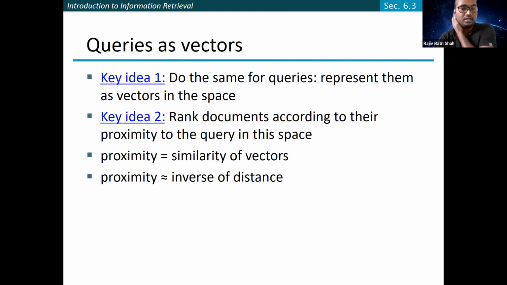So we have also discussed that there are some issues with distance. If you use distance as a metric, that may not give you the correct comparison between two documents.